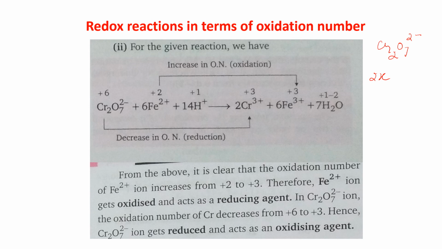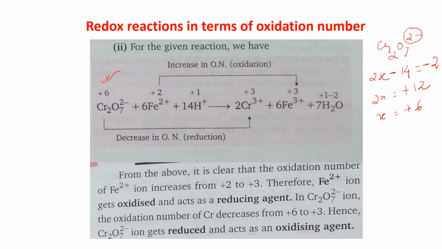Now here I am having 7 oxygens and each oxygen has -2. So it will be -14, and it is an ionic species, so the charge will be -2. Now 2x is equal to +12. Take 14 to that side. Now x is equal to +6. See, it is written +6.